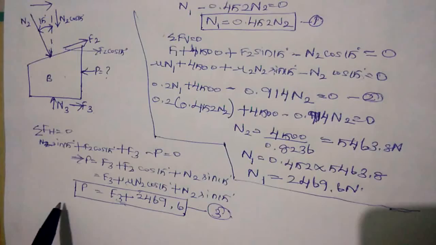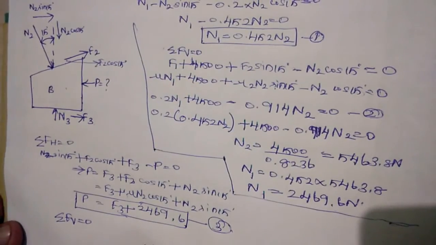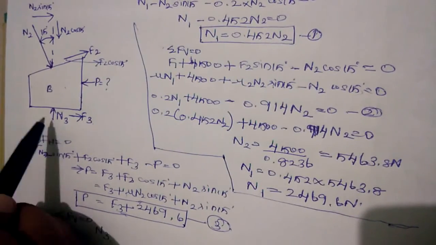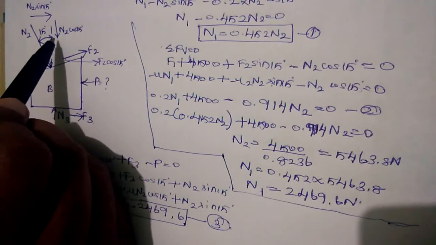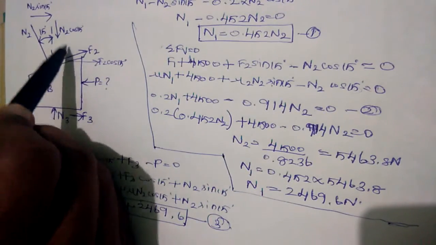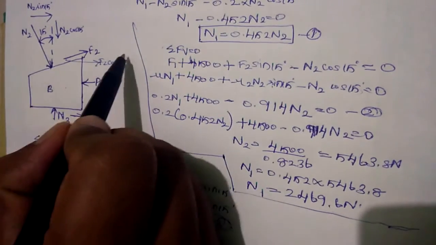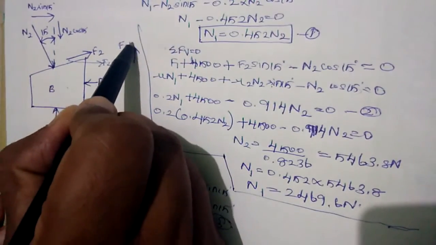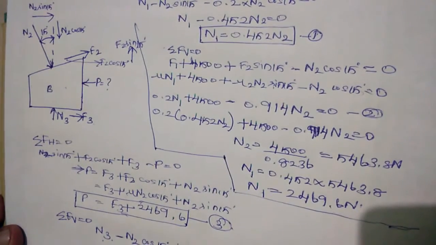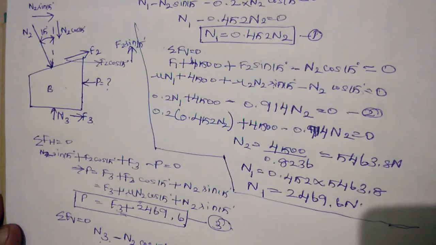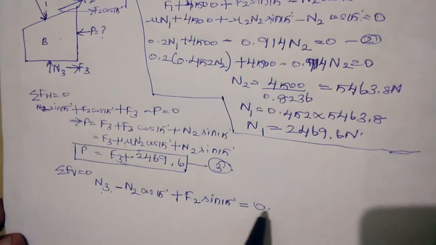Now equating all the vertical force components gives N3, acting in vertical direction, N3 minus the vertical component of N2, which is acting vertically downward, N2 cos 15 degree, and the vertical component of F2, which is F2 sin 15 degree, acting vertically upward, therefore it is positive, is equal to 0.